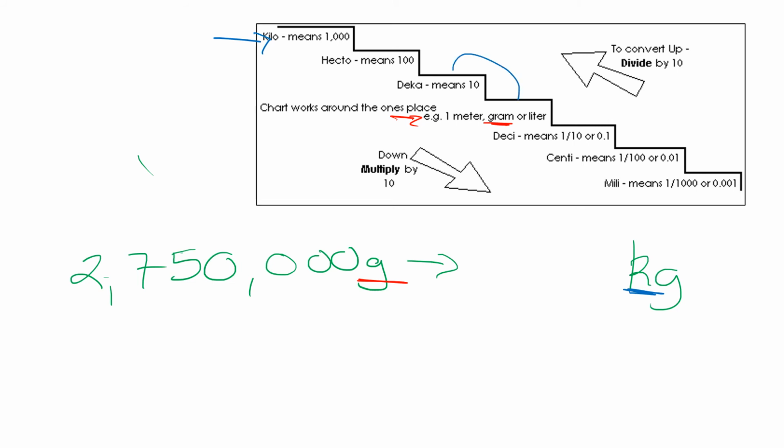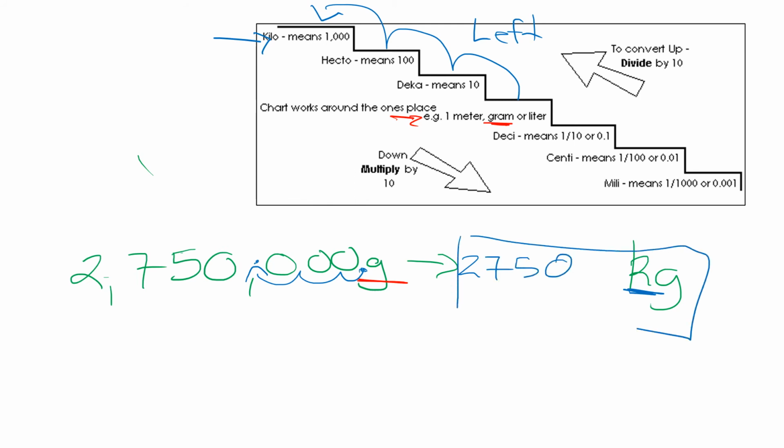We're going up 1, 2, 3 steps to get from gram to kilo, and we're going 3 steps up to the left. So here's our decimal hanging out back here at the end. He's going to move over 1, 2, 3 steps to the left, and we'll drop him there. So that means you are bringing 2,750 kilograms of amoxicillin with you into the country. Good luck.